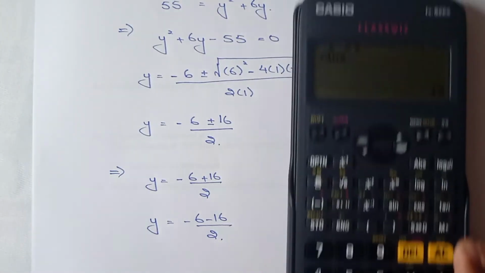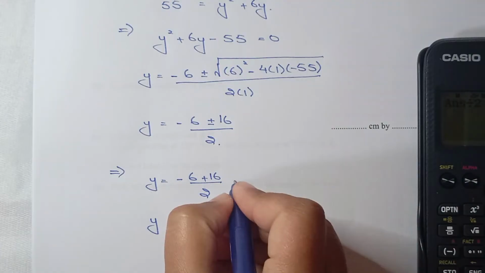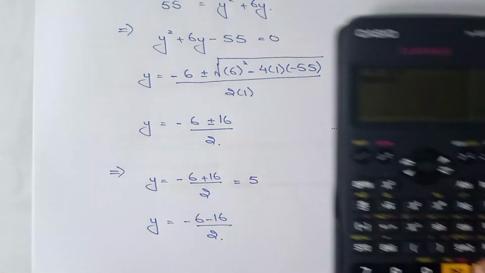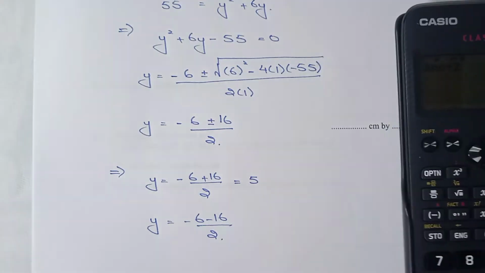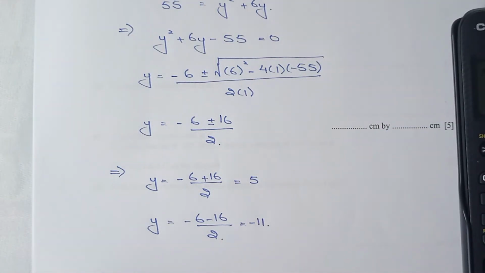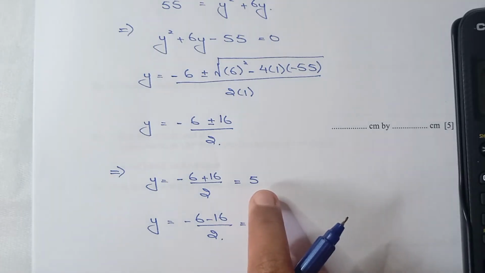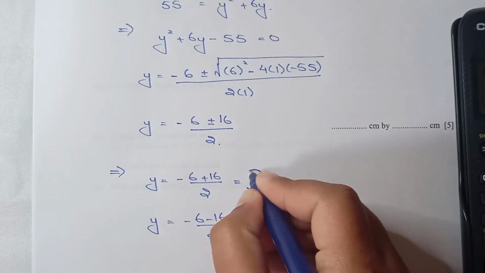Okay, so let's do it one by one. Minus 6 plus 16 divided by 2 would be 5. And we have minus 6 minus 16 divided by 2, which would be negative 11. Okay, so we need the value of y for the dimensions, and we know that dimensions can never be negative, so we need to choose the positive y value.